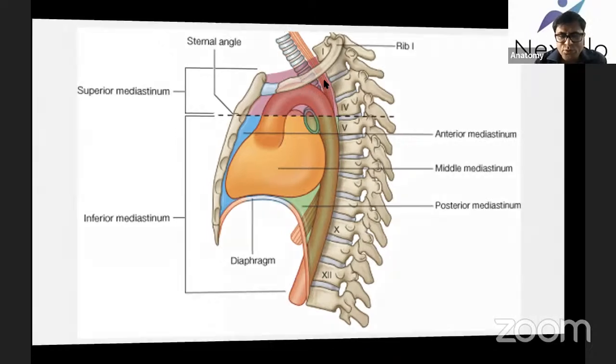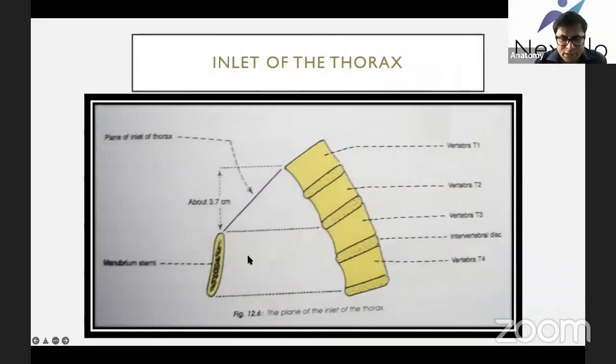To understand it better, now look here. This is the manubrium, and posteriorly the manubrium lies in front of the third and fourth thoracic vertebrae, and that's the area of the superior mediastinum. The upper brim, the suprasternal border with the jugular notch, horizontally lies in front of the upper border of the third thoracic vertebra. So this is the inclination of the thoracic inlet.